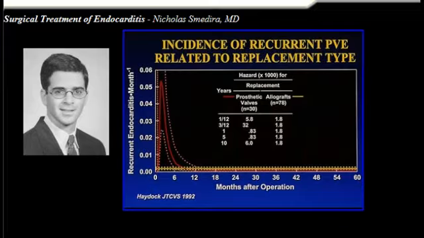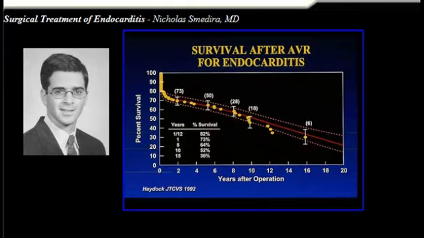But they saw the significant hazard function here for early recurrent prosthetic valve endocarditis that is absent when you use an allograft. And this has led to the sense and or recommendation that the replacement valve of choice in aortic valve endocarditis is the homograft, because it seems to be resistant to subsequent episodes of endocarditis.